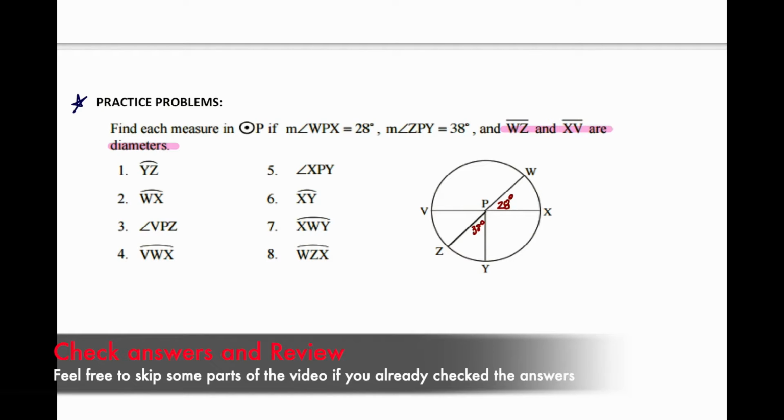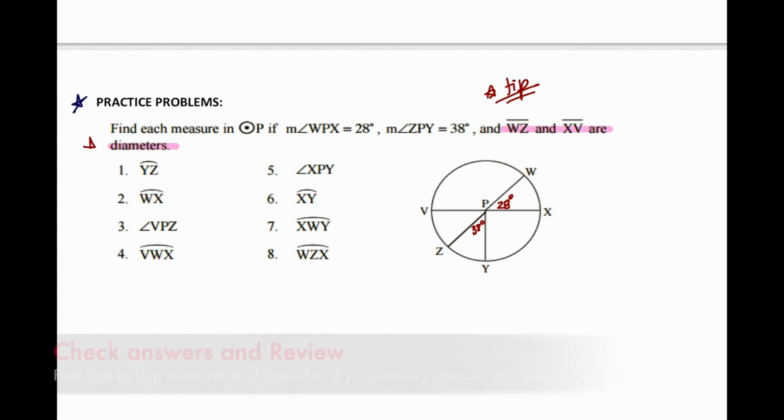But I do have a tip. My tip to you is that you always want to look for this information. It says WZ and XV are diameters. That's a really key piece of information that I always try to find first. And if that's given to me, I use my highlighter and label my diameters.